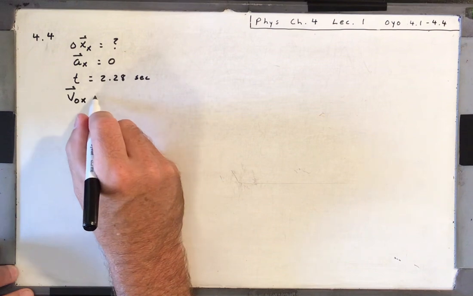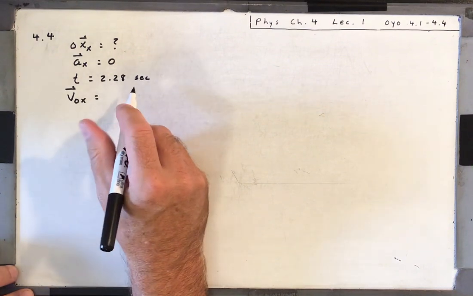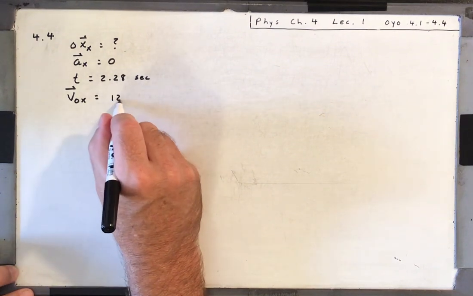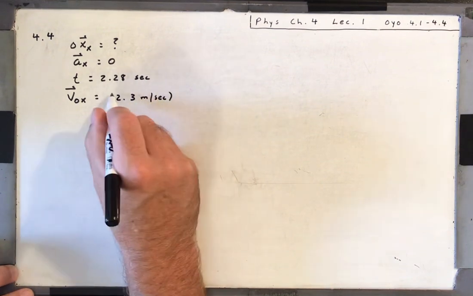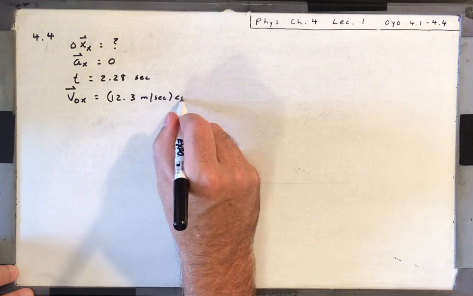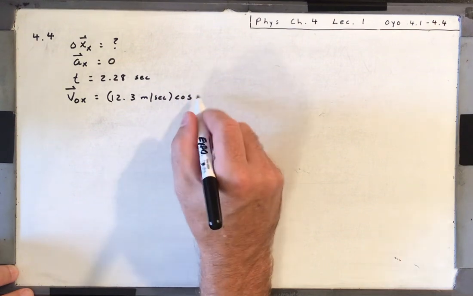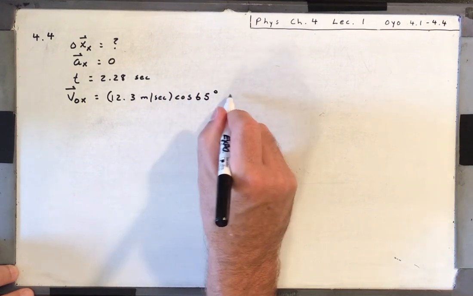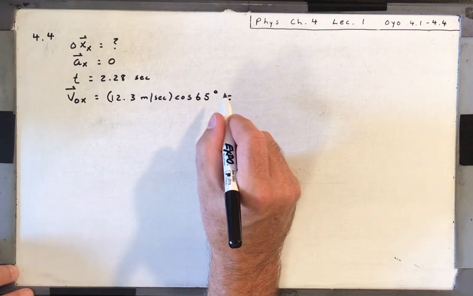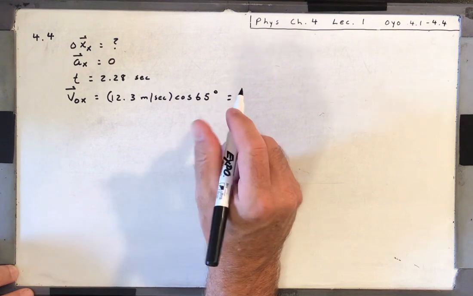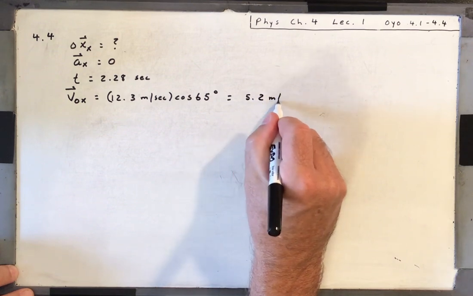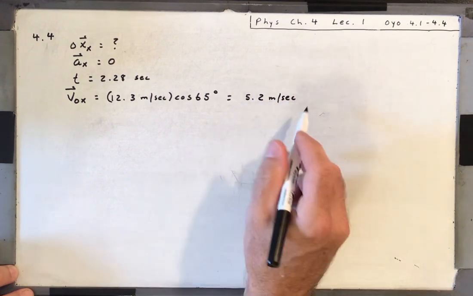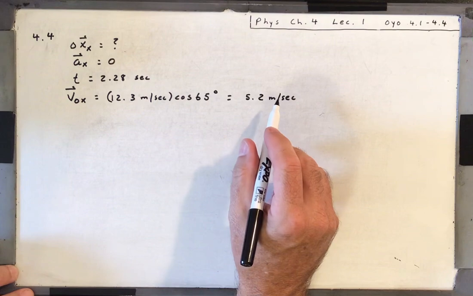We'll call that Vox. And that is 12.3 meters per second times the cosine of 65 degrees. Right? So that is 5.2 meters per second. So just the x component of the velocity.